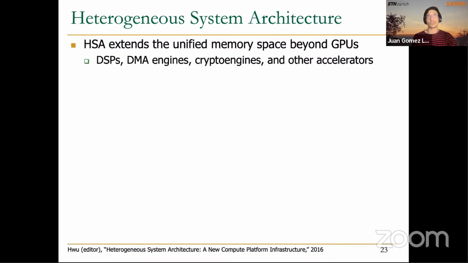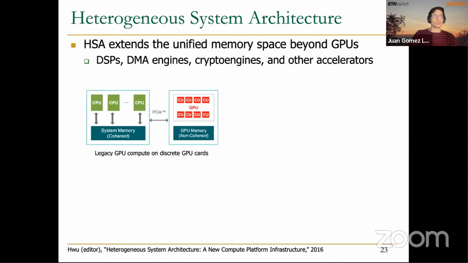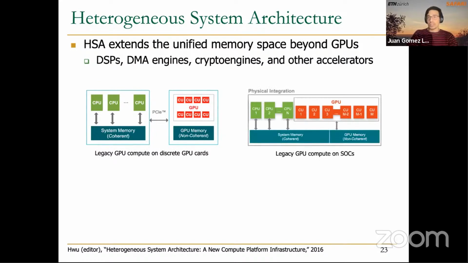Also, the Heterogeneous System Architecture consortium proposed a unified memory space for CPUs, GPUs and other accelerators, where instead of the classic approach with physically separated CPU and GPU, or even if they are physically integrated as we find in systems on a chip, and even though the physical memory space is the same, they were still operating as completely independent devices, requiring double allocation and explicit memory copies from the CPU memory to the GPU and from the GPU memory to the CPU memory.